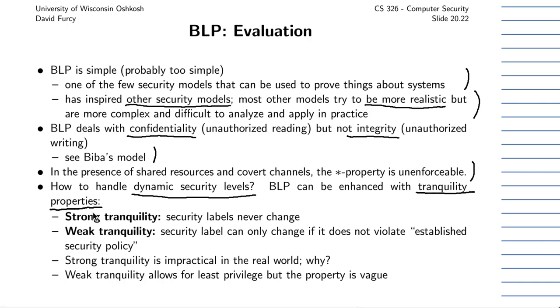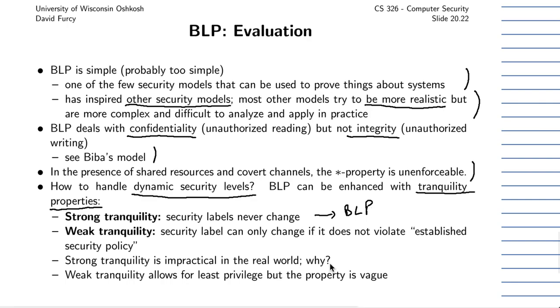The idea of tranquility, you can have a strong or weak tranquility, and that measures how much the security levels or labels are changing over time. If you have a strong tranquility, that means that pretty much the security labels do not change. And that is the basic BLP model. In a BLP model, every document, every subject is assigned a label, and that never changes.